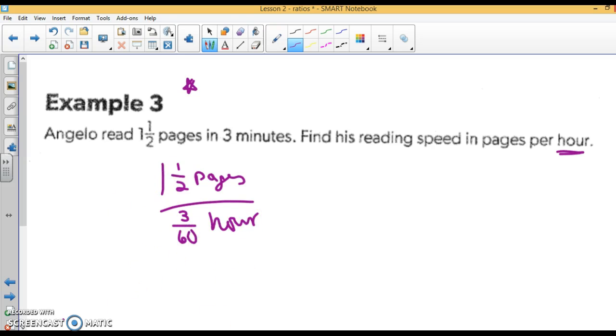So you can divide that 1.5 divided by 3/60, and you get 30 pages per hour. Now, the other way you could do that, 3 times 20 gives you 60. So you could just multiply this by 20 and you would get 30 pages an hour.